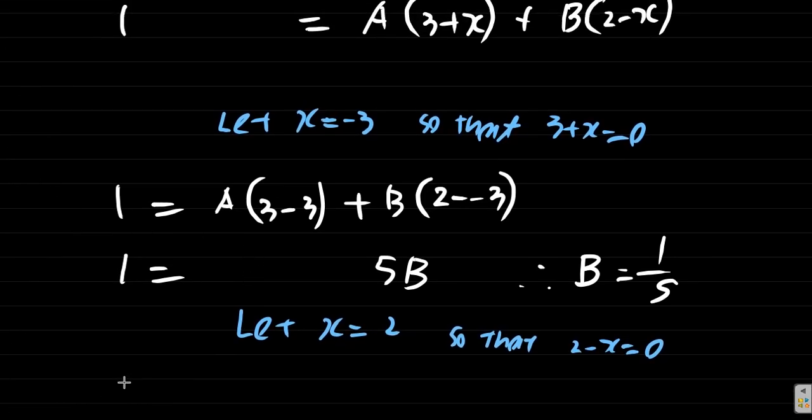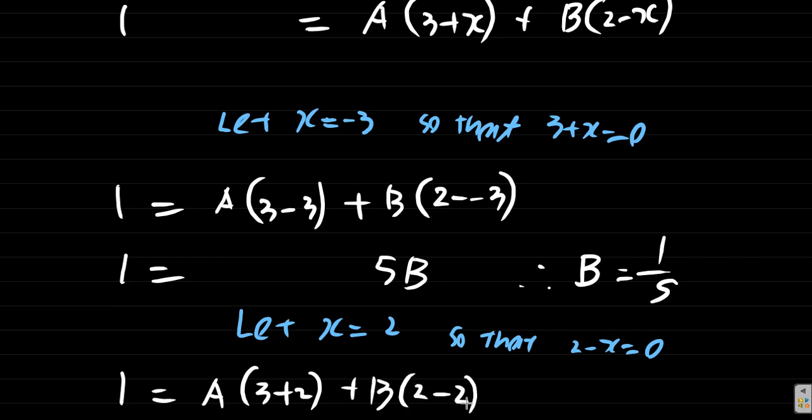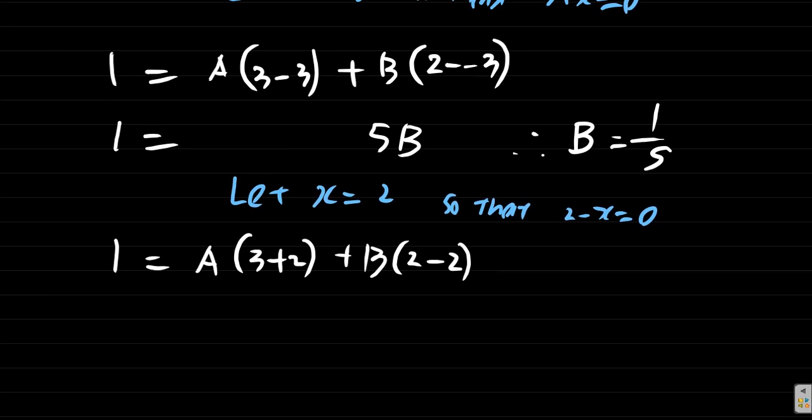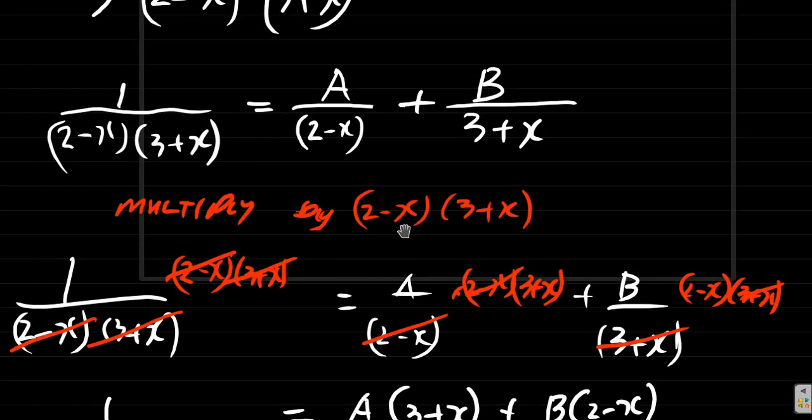You would have 1 equal a times 3 plus 2 plus b times 2 minus 2. So 1 is equal to 3 plus 2 is 5, 5a plus 0. 2 minus 2 is 0, b times 0 is 0. Therefore, a would also be 1/5. Alright? So breaking this up into its partial fractions, both a and b are 1/5.